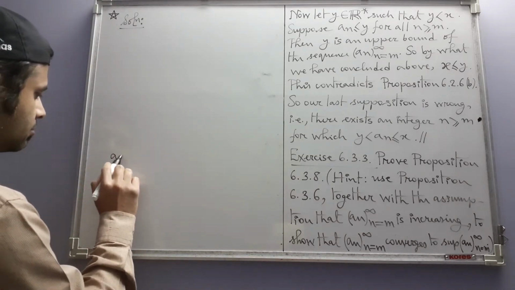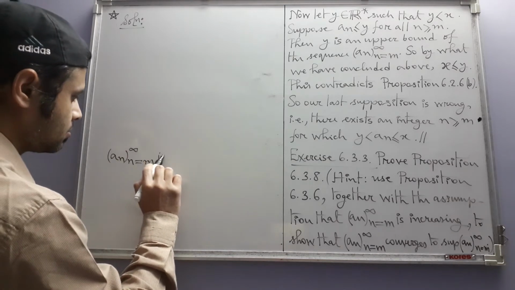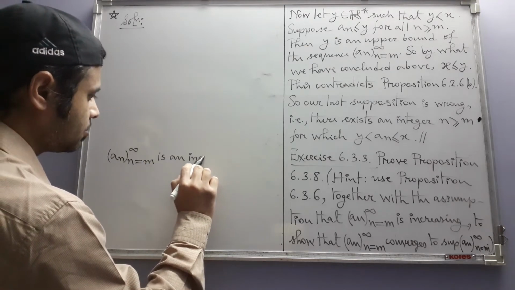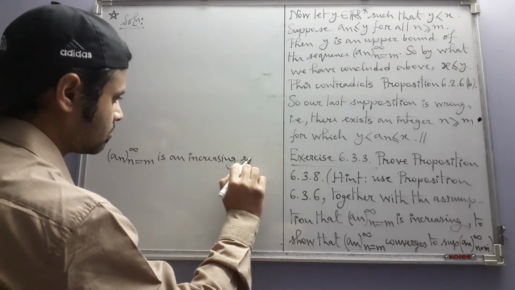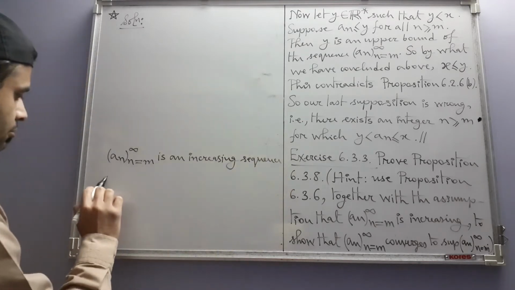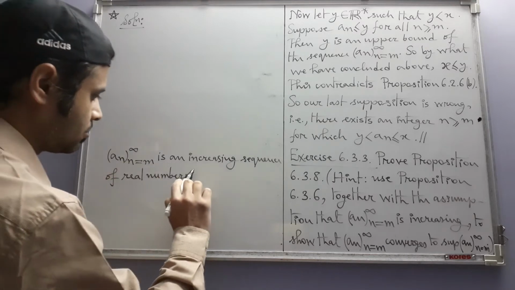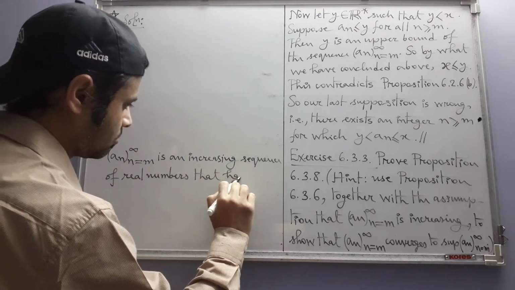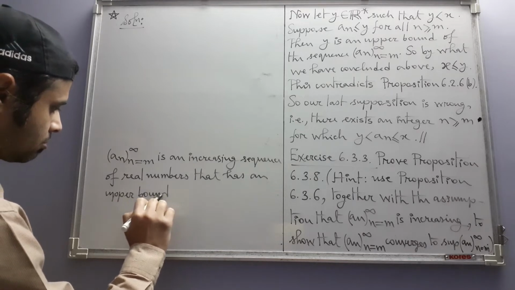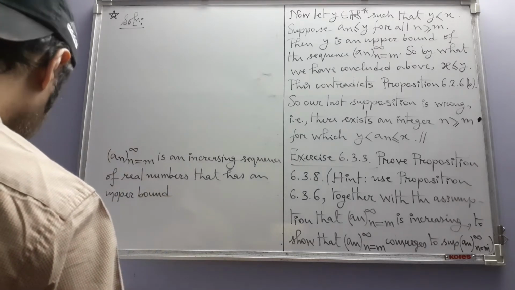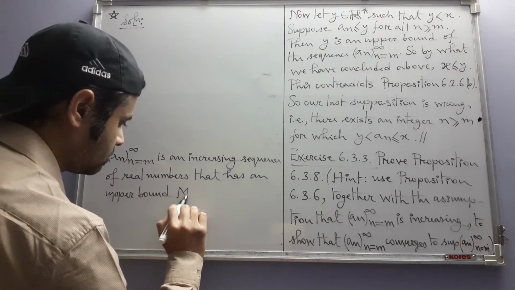Here, this is an increasing sequence of real numbers that has an upper bound, some upper bound which itself is a real number, a finite upper bound.